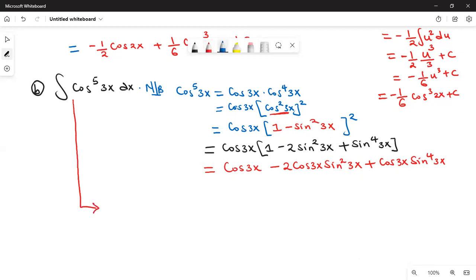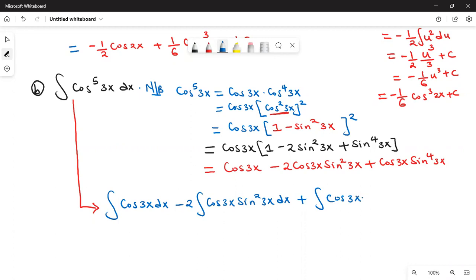It should now be the integral of cosine of 3x with respect to x, minus 2 times the integral of cosine 3x times sine squared 3x dx, plus the integral of cosine 3x times sine raised to 4 of 3x dx.